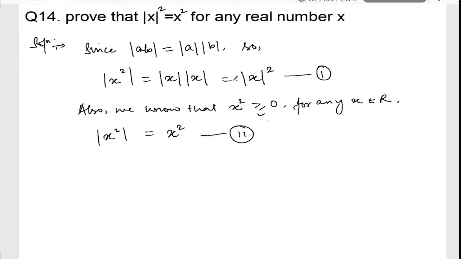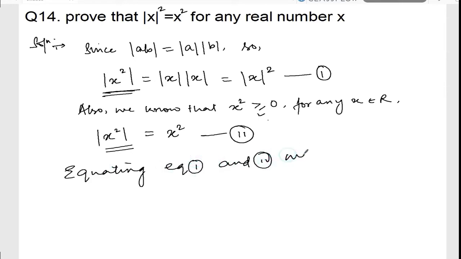Now from equation number 1, we know modulus of x square is equal to modulus of x whole square, with the square outside. Equation number 1 and 2 have the same left side, so equating them, the right sides will be equal.